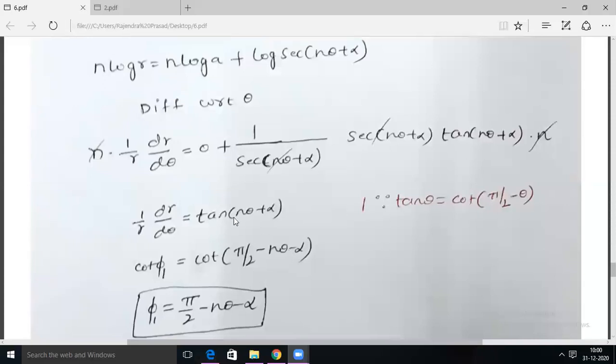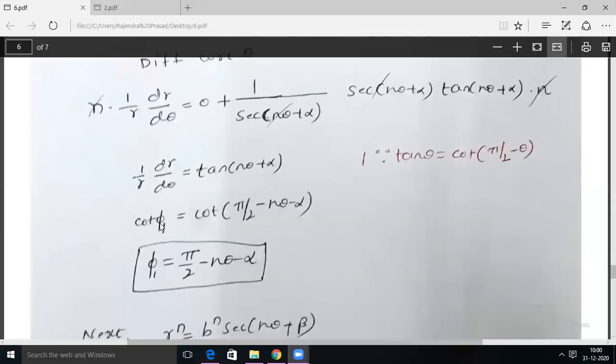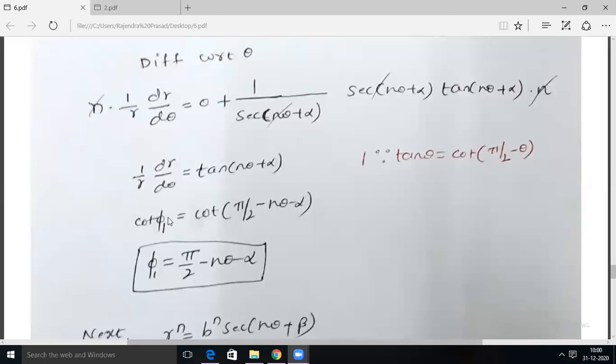So we get tan(nθ + α) = cot(π/2 − nθ − α). So cot φ1 equals cot(π/2 − nθ − α), and φ1 = π/2 − nθ − α.